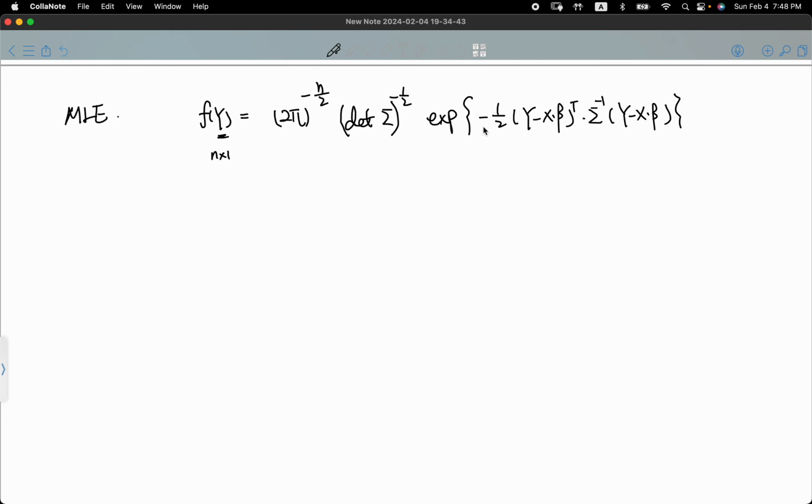This is just the formulation for a multivariate normal, and the dimension here is just n.